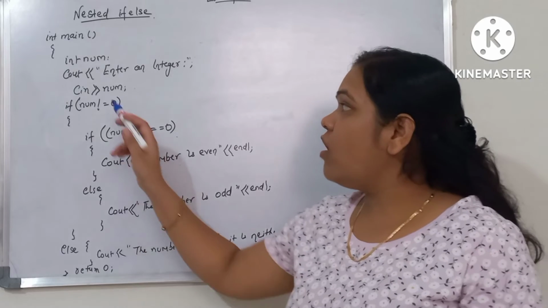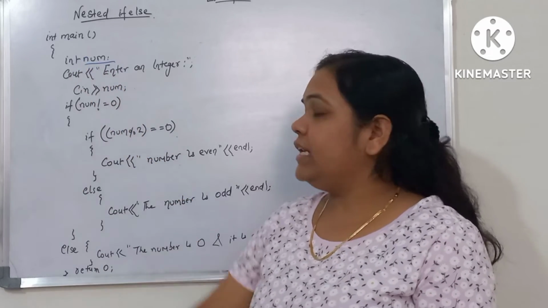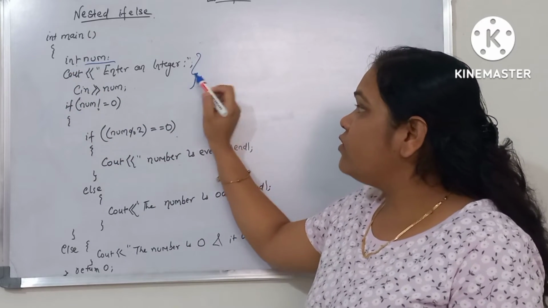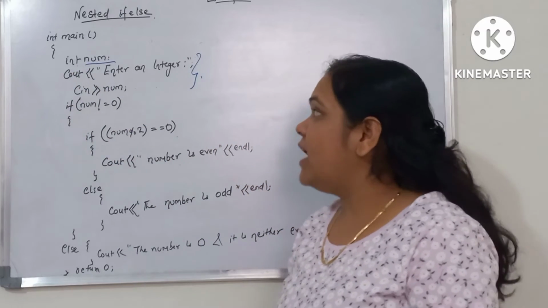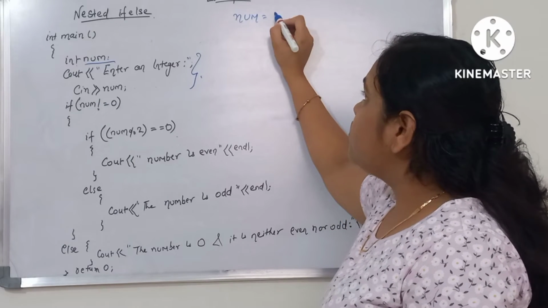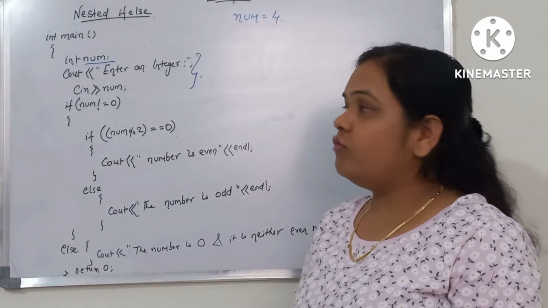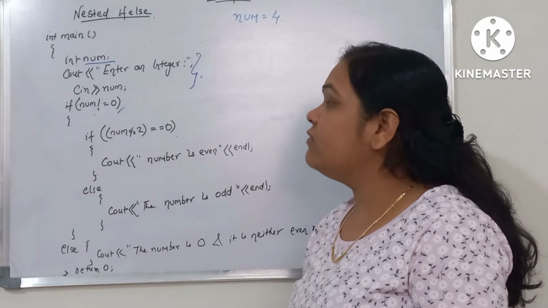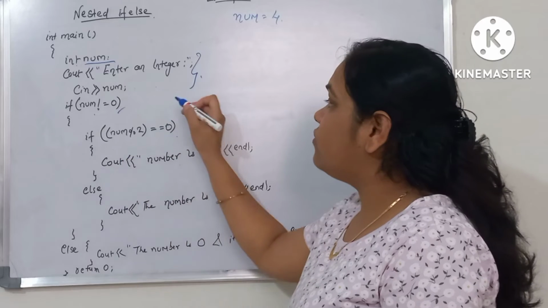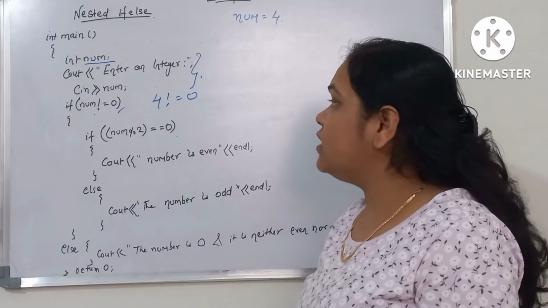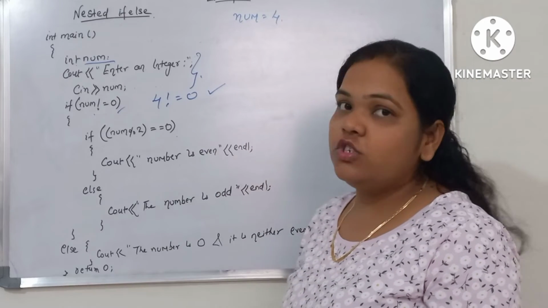Clear? So first of all, we have to declare variable num with data type int. Here we take input from the user and store it in variable num. For example, if the user enters the value 4, then we test the first condition for if. 4 is not equal to 0, so this condition is true.